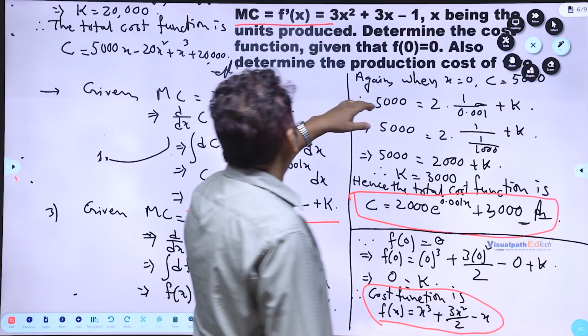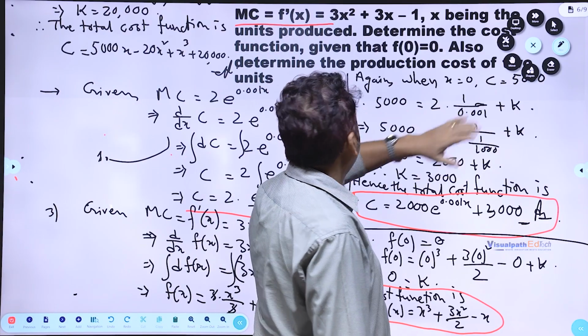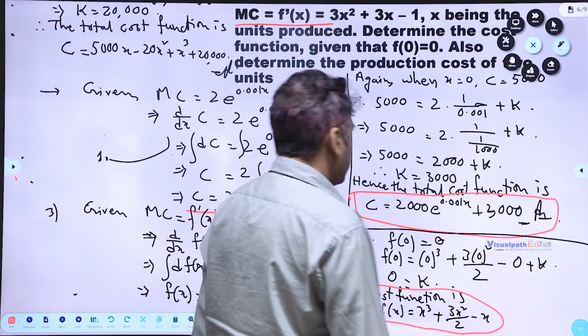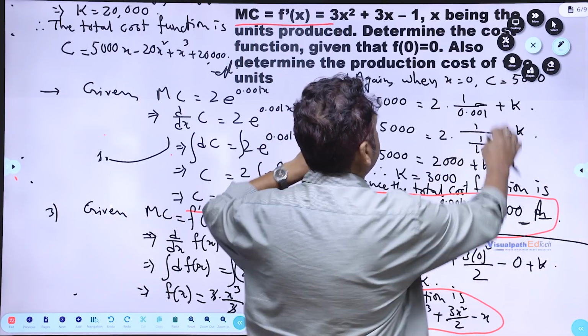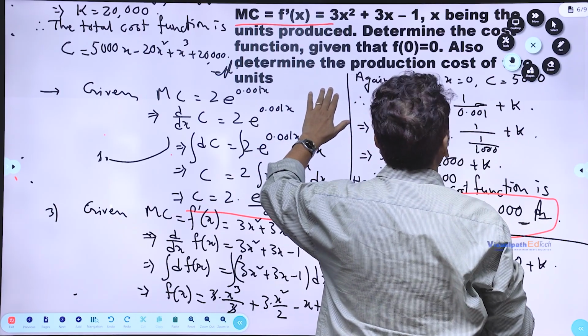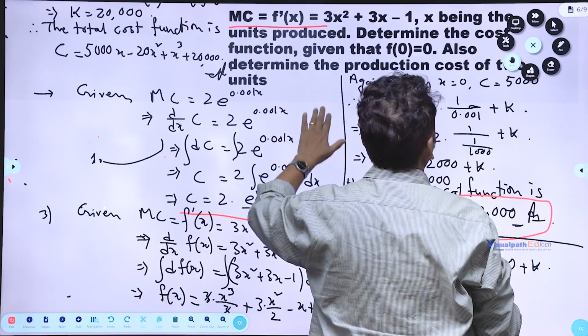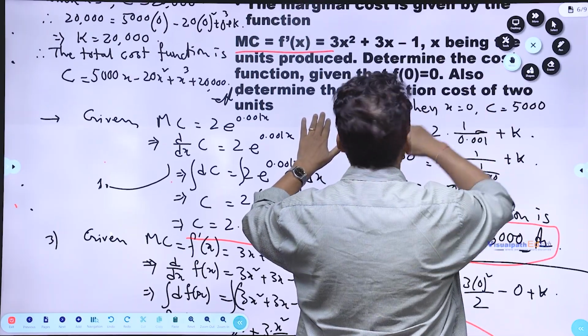What is the second part? Also determine the production cost of the units. Sorry, this is production cost of 2 units if I am not wrong. Production cost of 2 units.